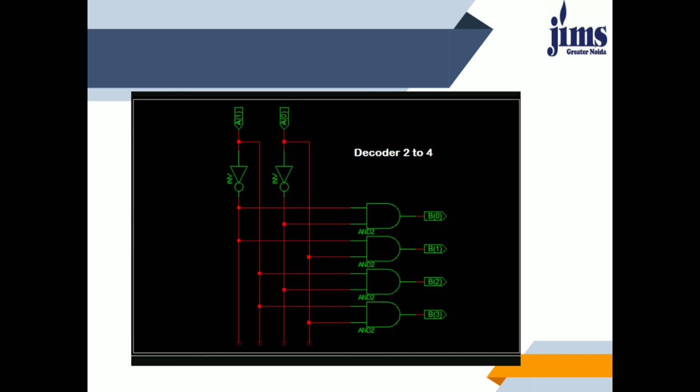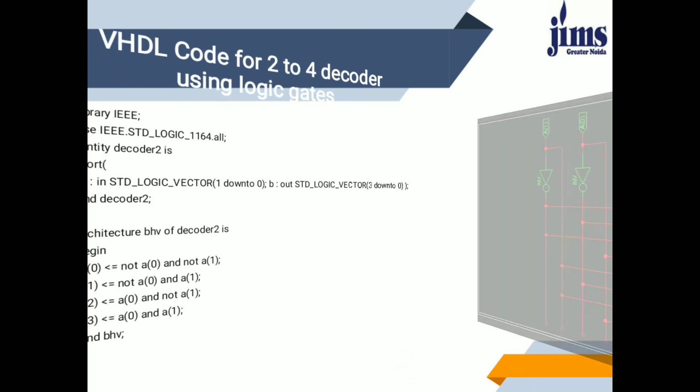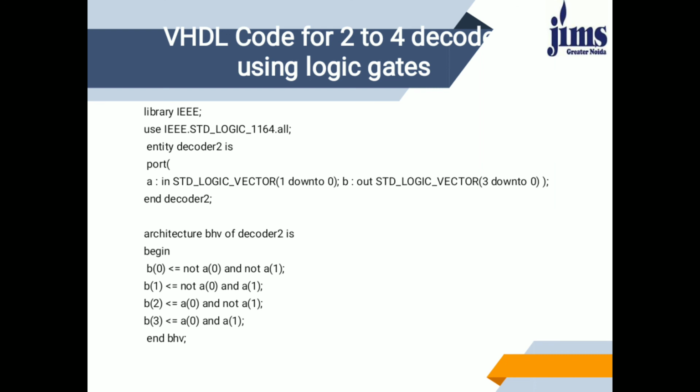Here 4 AND gates are used and 2 NOT gates are used. So we can define it with the help of formulas also. So B0, B1, B2 and B3, all four outputs can be defined using a formula of not of A0 and not of A1 and so on. So this way you can generate the output with the help of logic gates also.